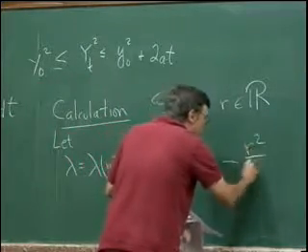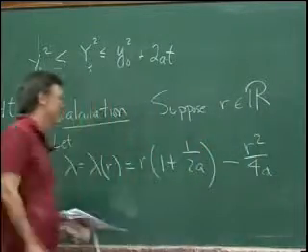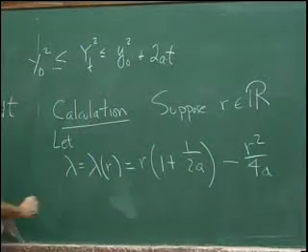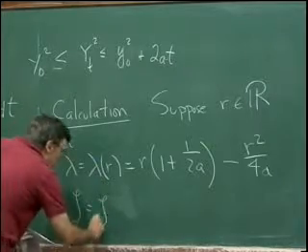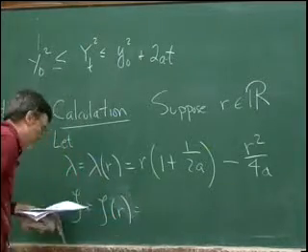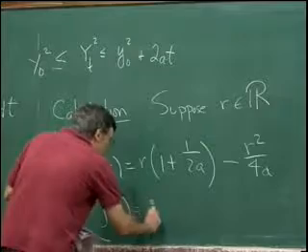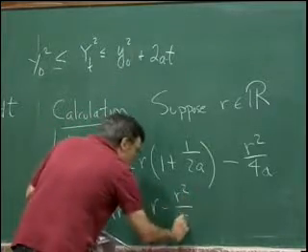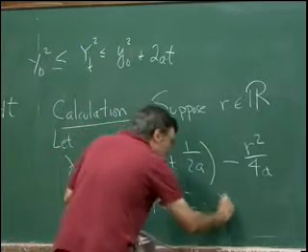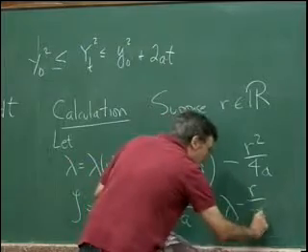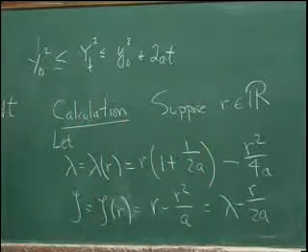I'm writing them in terms of a. And zeta is R minus R squared over a, or lambda minus R over 2a. So that's just the definition.